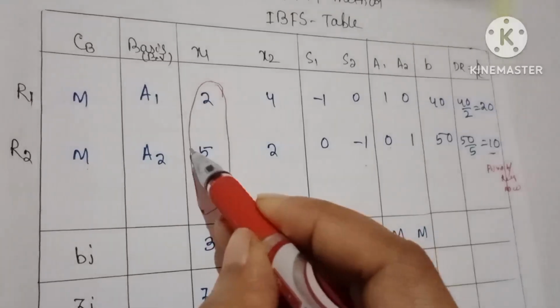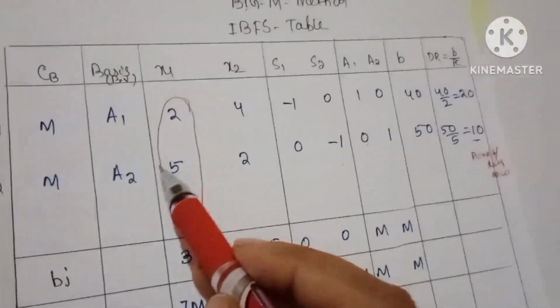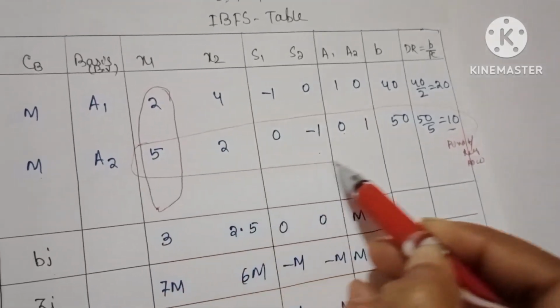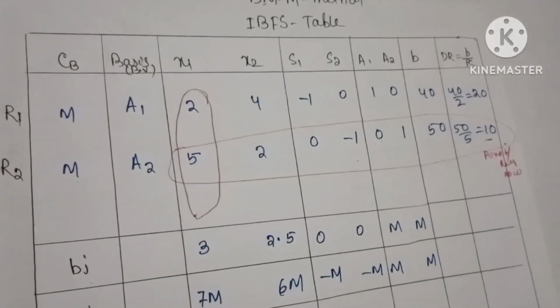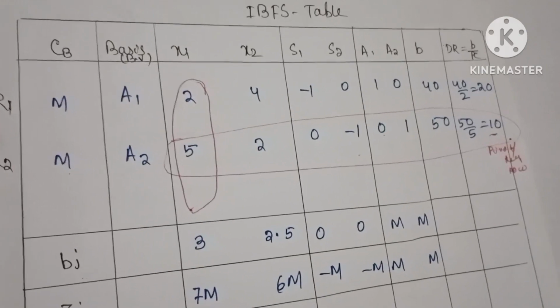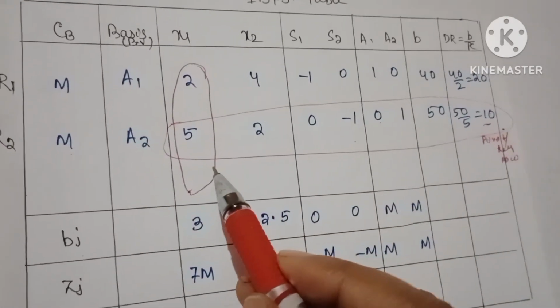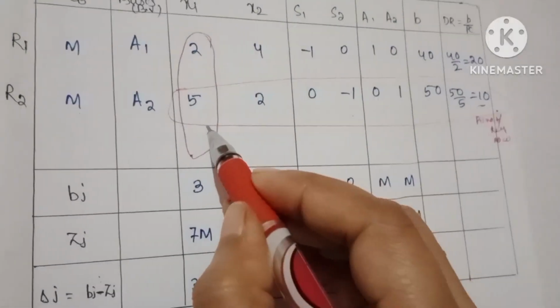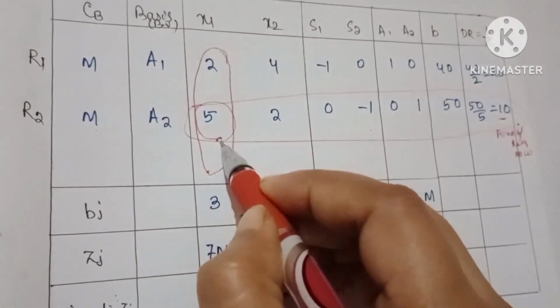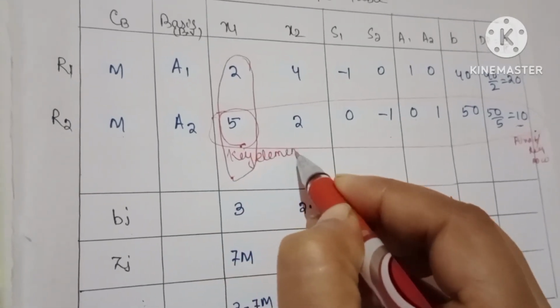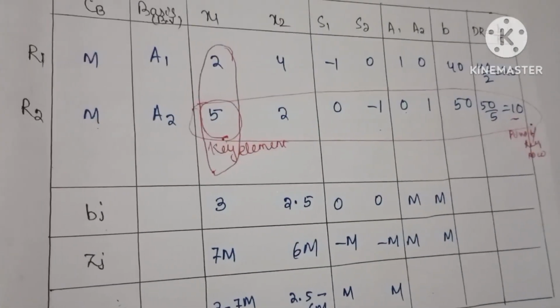And this row is your pivot row. Now the intersection of the pivot row and pivot column is your 5. This becomes your key element.